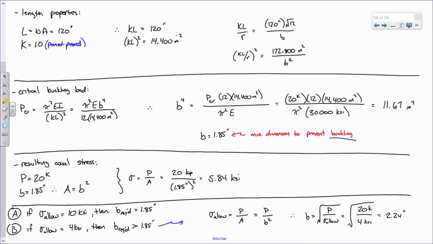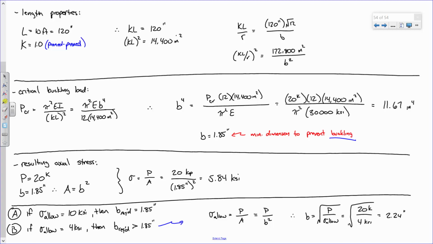If sigma allowable is 10 KSI, then that's fine, because we don't get that much stress. But if sigma allowable is 4 KSI, then that's not enough column, and we resort to regular old sigma equals P over A. Does the answer make sense? Yes, because that answer is bigger than that. That's what we expected.